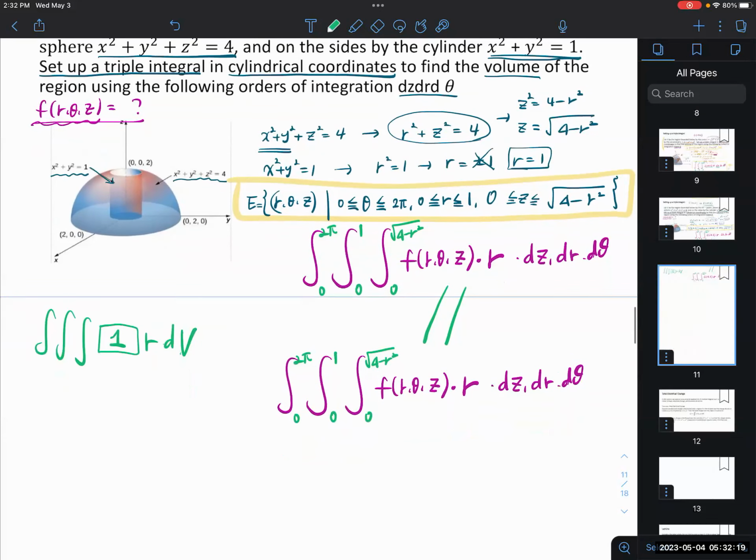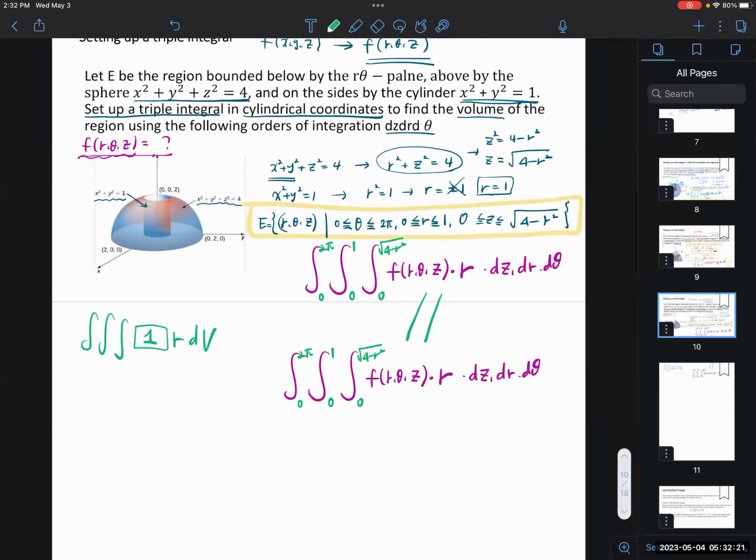So therefore, although you don't have the function for r theta z given, you can just begin with the 1. Then you can calculate it by taking the integral with respect to z first, then r and theta. So you can find the answer at the end.